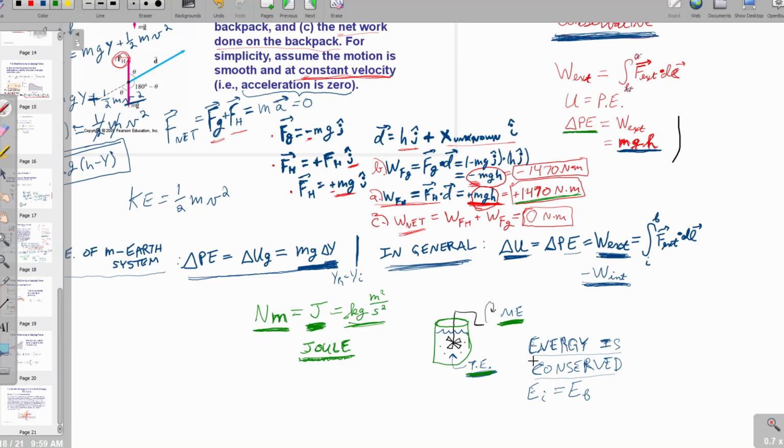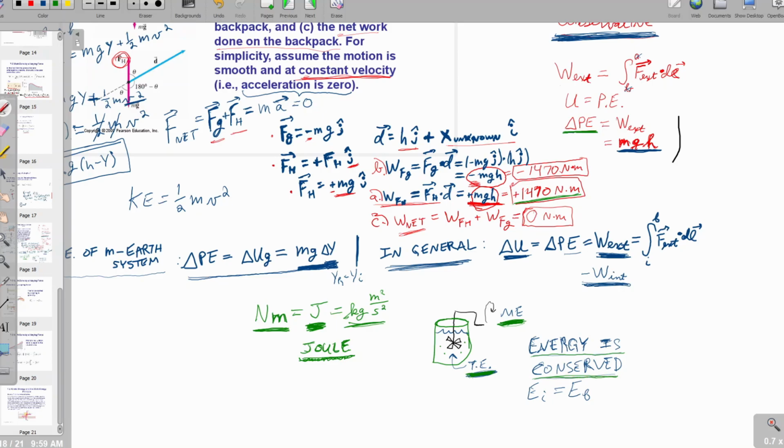So even in this case, energy is conserved. So in this particular case, we're talking about two different kinds, right? There's mechanical energy up here. There is thermal energy that is produced down in the water.